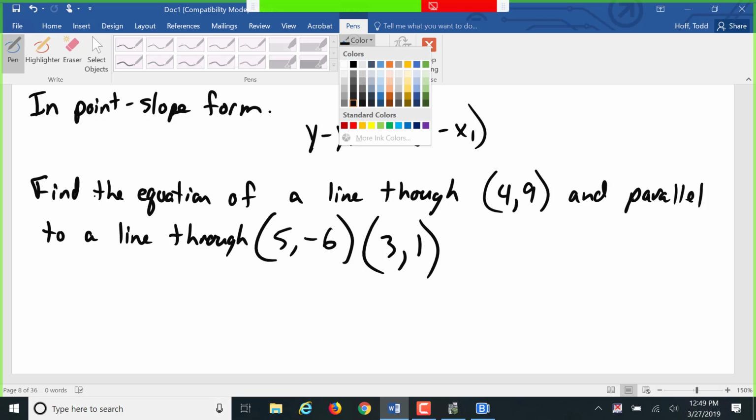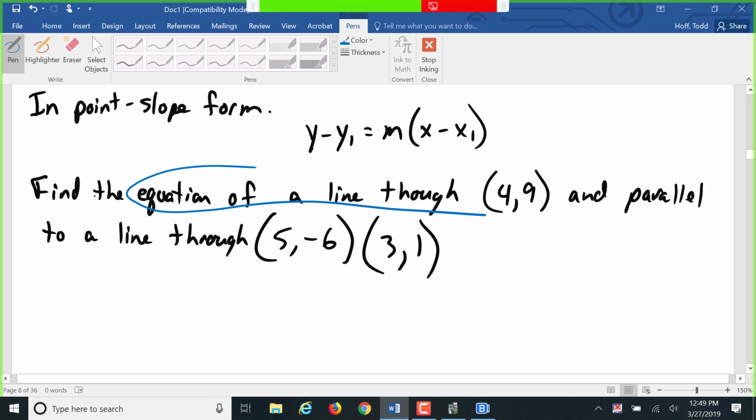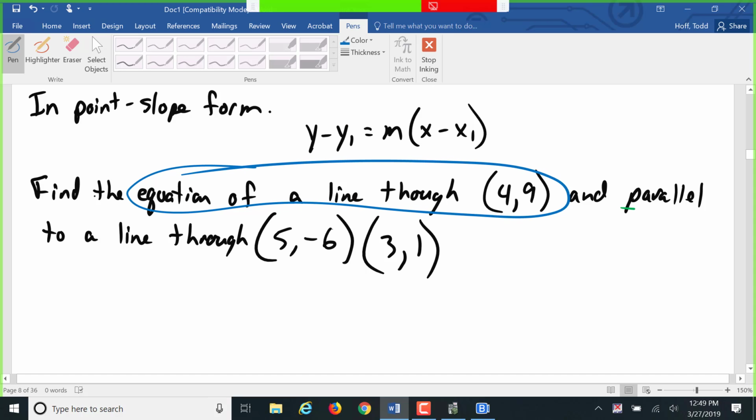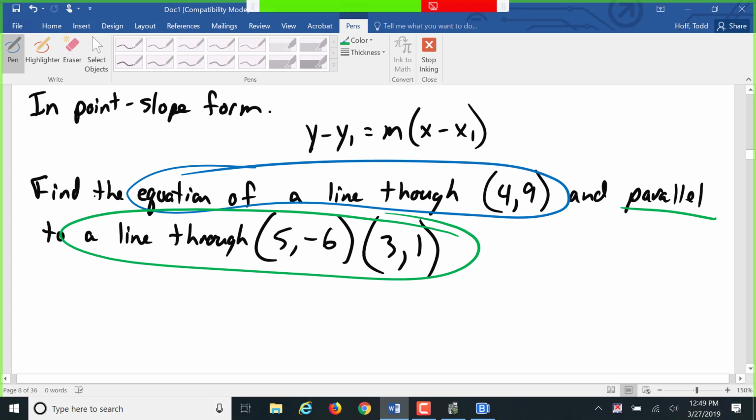So once again, this part up here is describing the line we're looking for. This part down here is describing another line that we're using to get it.